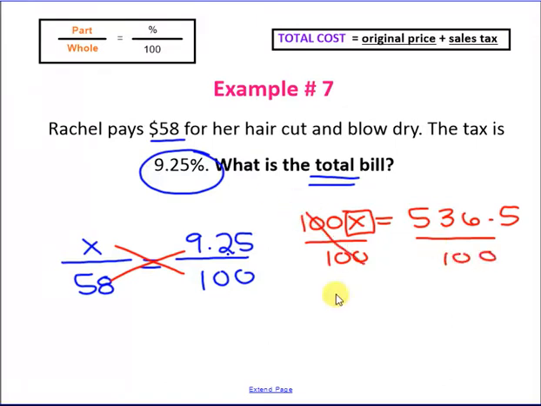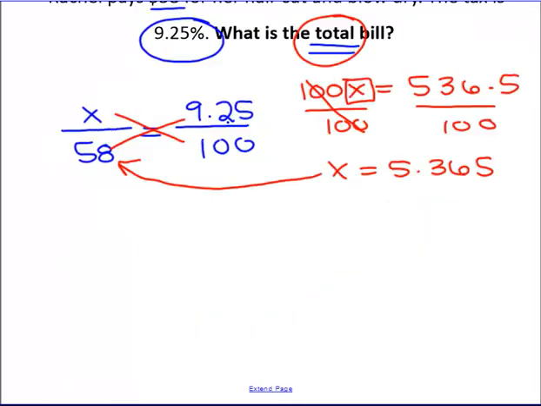This cancels. X equals 5.365. This is the tax. I want to know the total, so I'm going to add it back to the original price. So 58 plus 5.365.